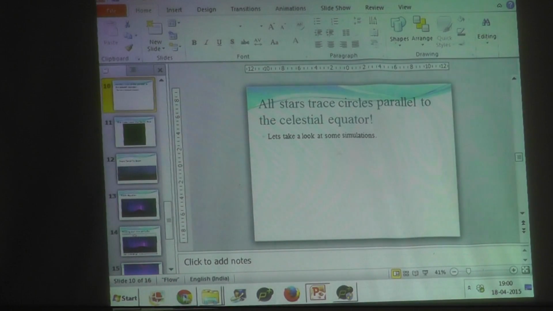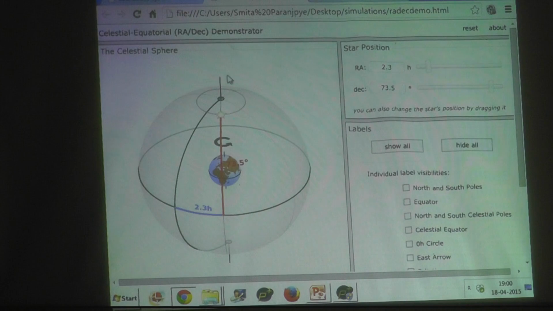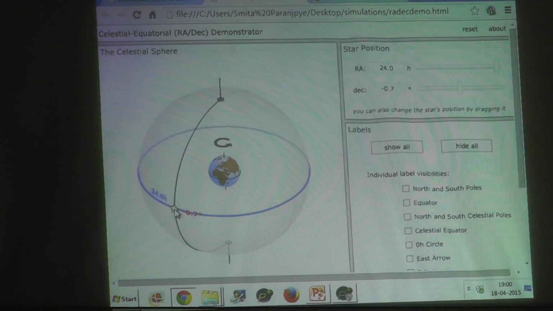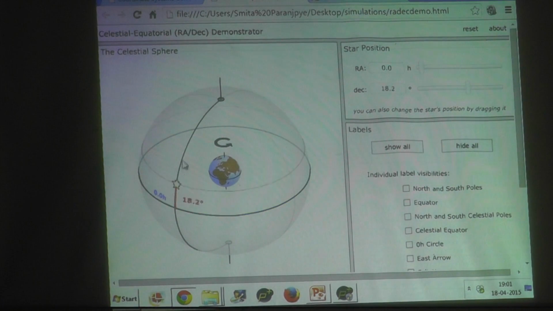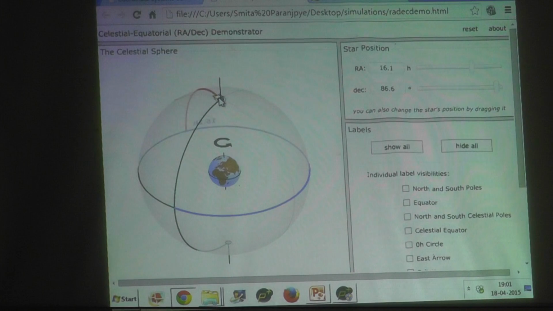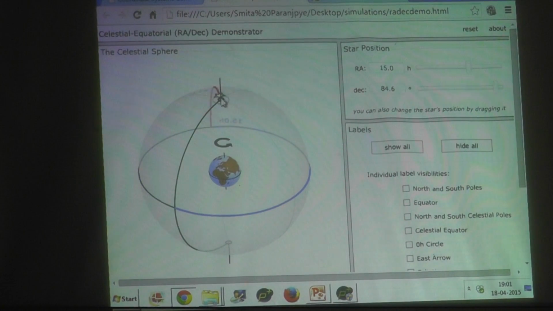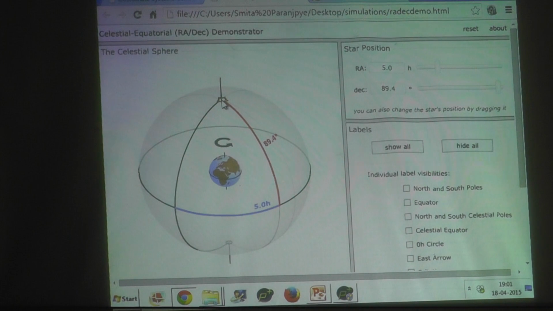So let us try and understand the concept here. I had this simulation. If we say this is the first point of Aries, then this would be 0 hours right ascension and 0 degree declination. Now if I go towards the celestial pole, even if I keep the RA the same, say 0 hours, as the star comes to the celestial pole, the circle it traces becomes smaller and smaller in radius.